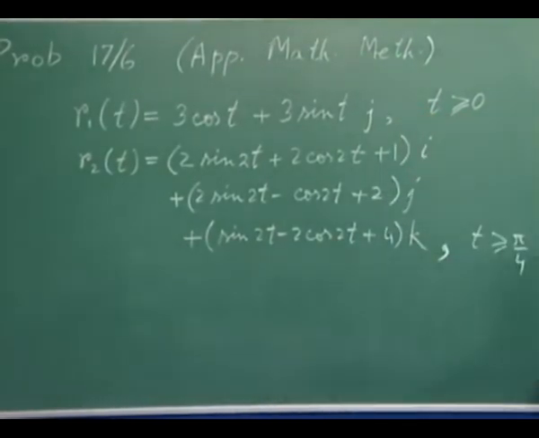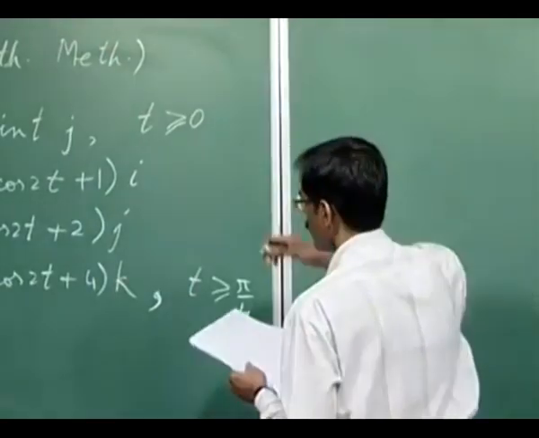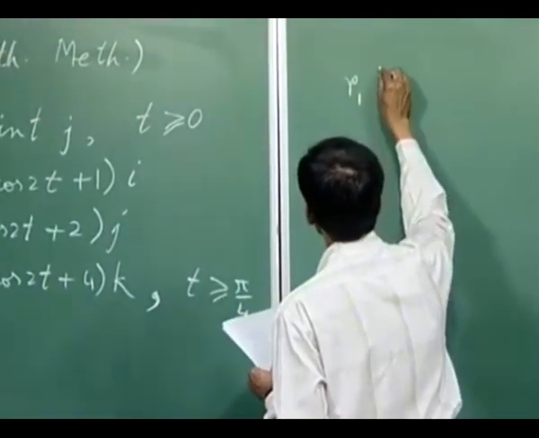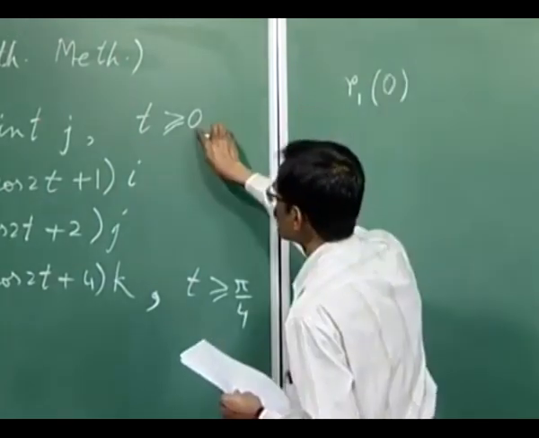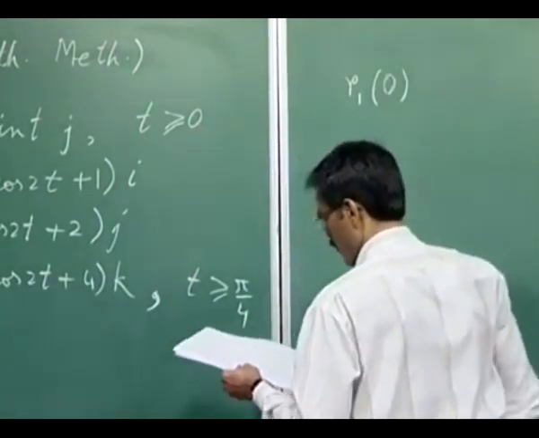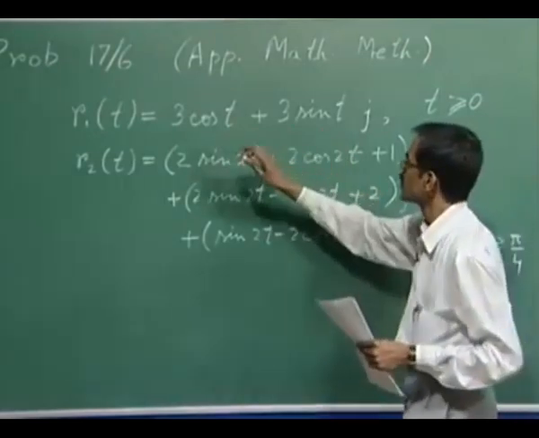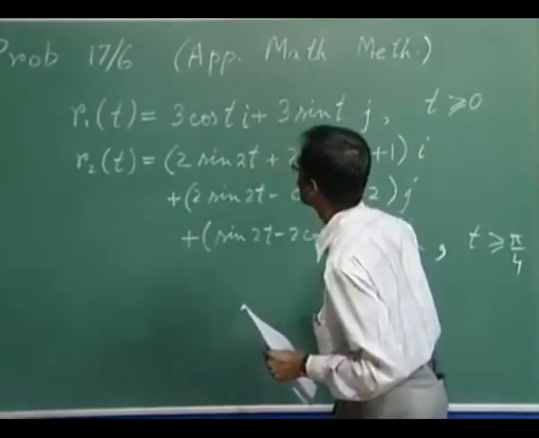So first for R1, for the first curve, let us see what is R1 at t equal to 0, the starting point. If we put t equal to 0 here, there is an i here which was missing.